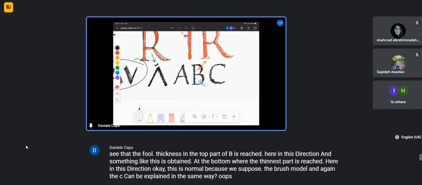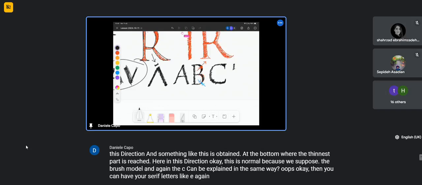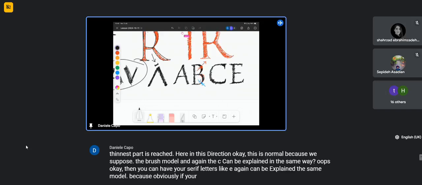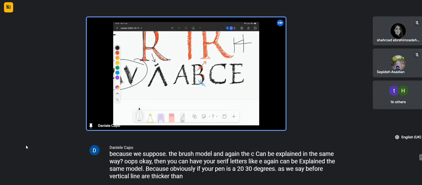Okay, then you can have your serif. Letters like E, again, can be explained with the same model, because obviously if your pen is at 20, 30 degrees, as we said before, vertical lines are thicker than horizontal lines.